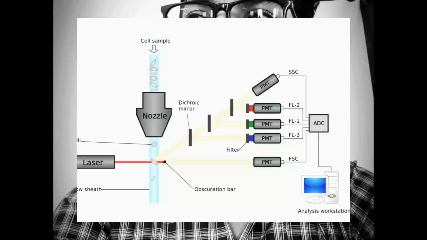There is an obscuration bar, which basically allows the maximum amount of beam towards one side, or if there is a very small amount of beam, it makes a very wide angle. If it is a very wide angle beam, it makes it an exact angle beam.